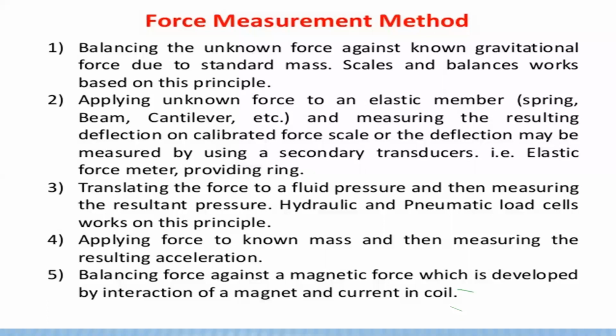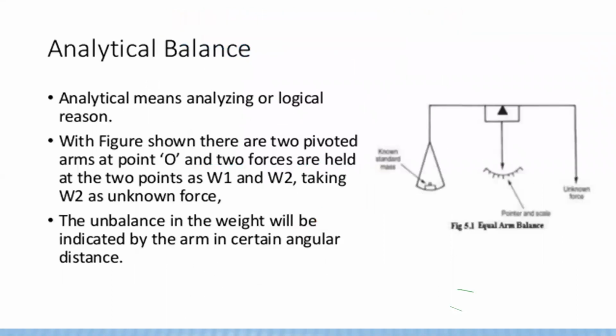We can know the amount of force if I take one standard mass. I know about that mass. You can see the diagram. In that equal arm beam balance, on one side I am taking a known standard mass, which means I know the weight of the object.